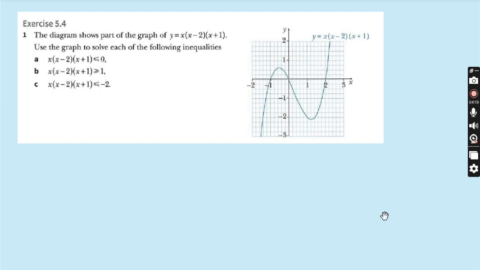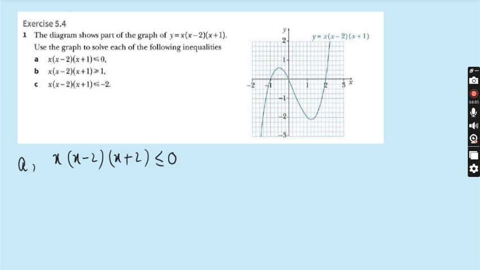See carefully. The diagram shows part of the graph y equals x into (x minus 2) into (x plus 1). Use the graph to solve the following inequalities. Part A: x(x minus 2)(x plus 2) less than or equal to 0.